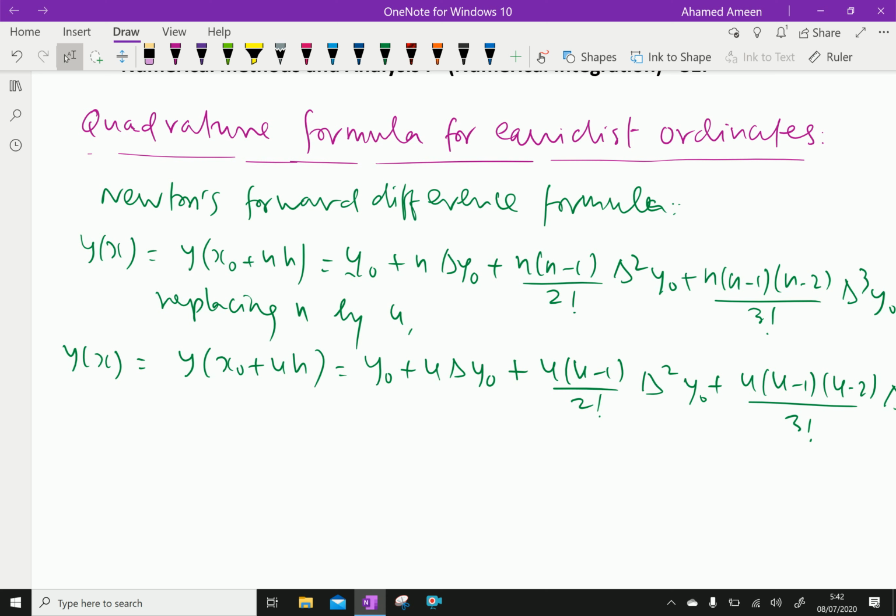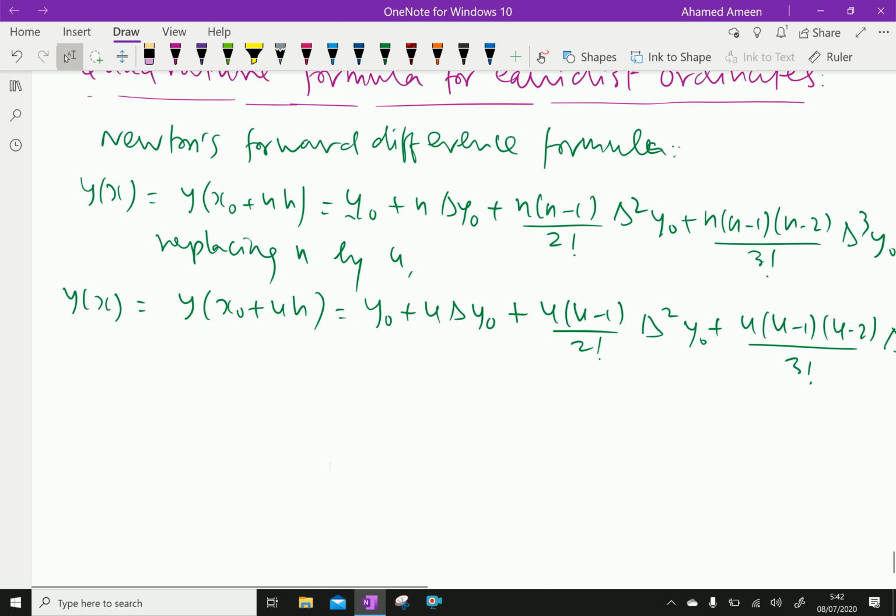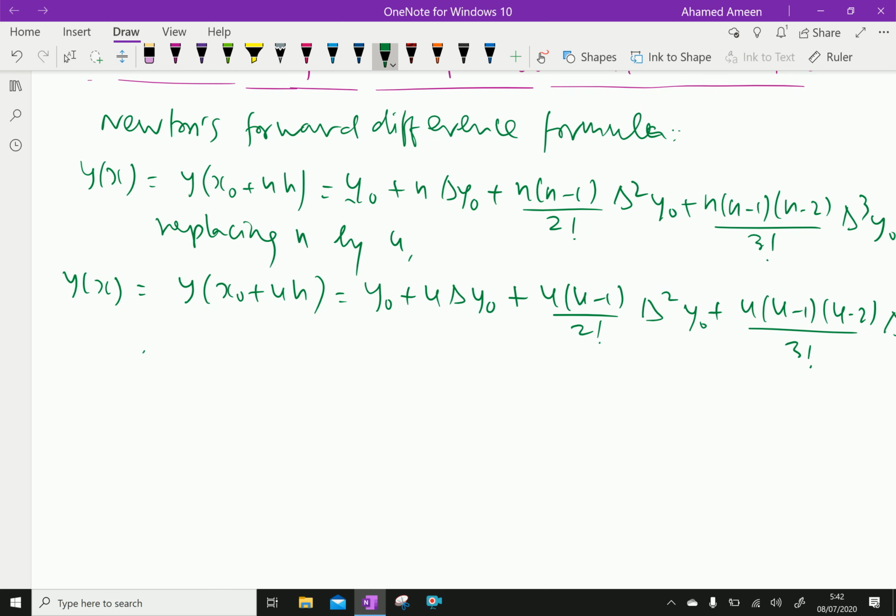Let us now integrate over n equidistant intervals with h. The limits of integration are x0 and x0 plus nh.